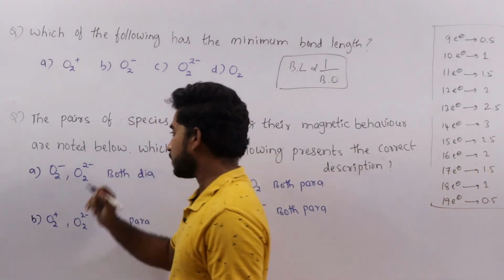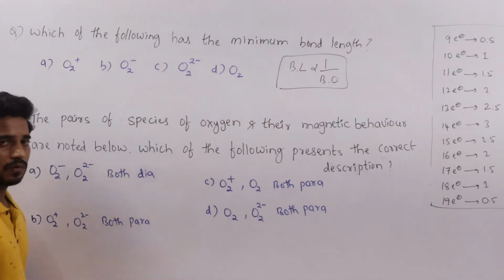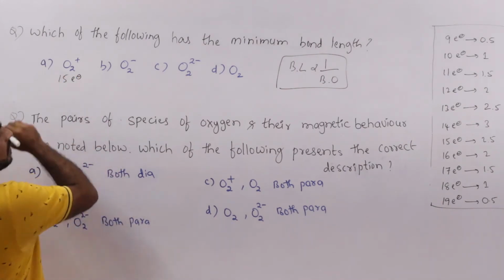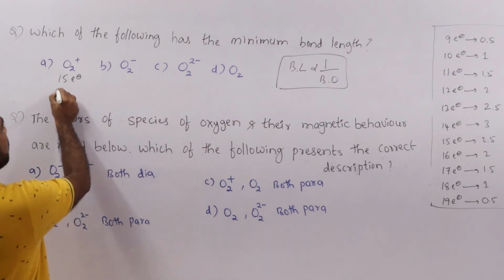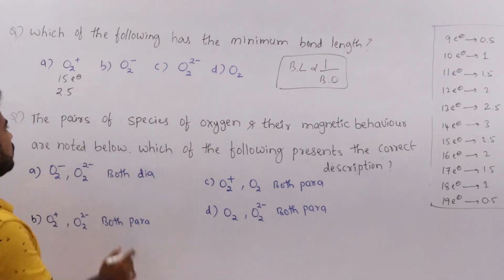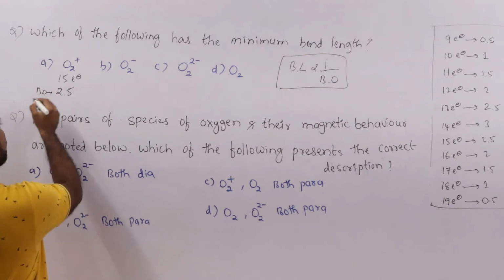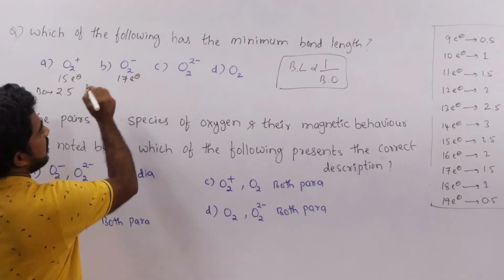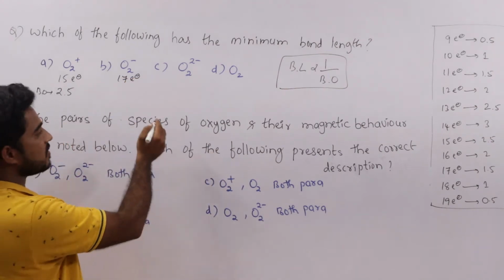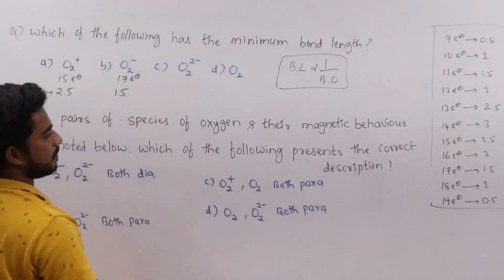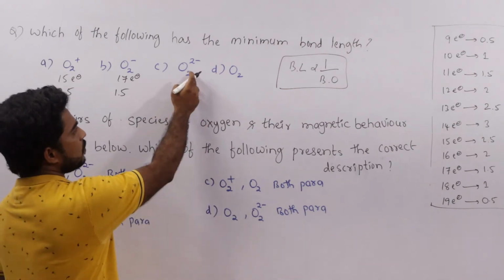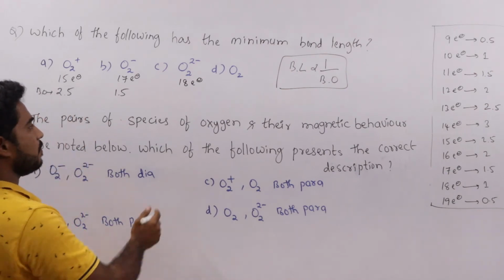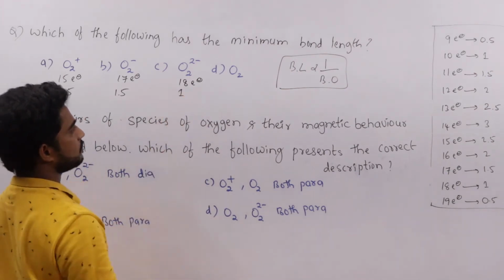In O2 plus, what is the bond order? In O2 plus 15 electrons are there, so the bond order is 2.5. In O2 minus 17 electrons are present, bond order 1.5. For O2 2 minus 18 electrons, bond order 1.